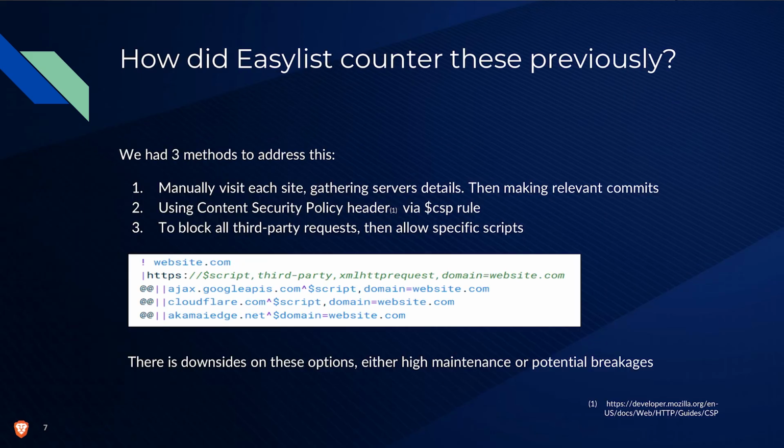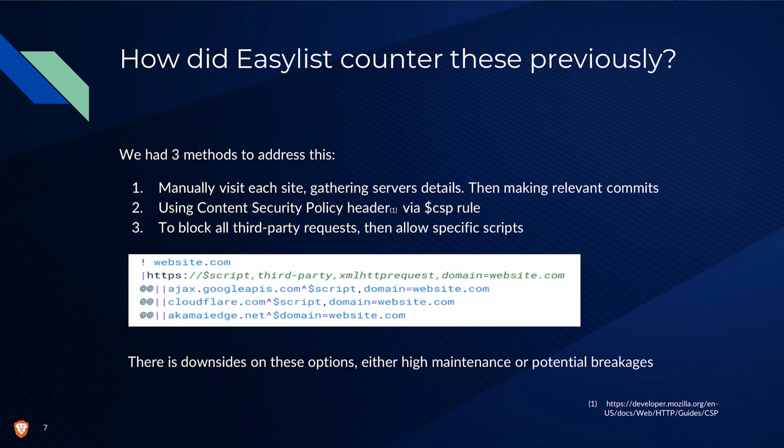So what did we do previously to counter these? We had three methods. The most current method we used was you manually visit the site, add the domain, and then we keep going down this hole of making sure we keep up to date with them. But it's a manual process. Previously, we used CSP, which is good but not good because it can break a lot of embedded stuff, so we sparingly used that in the past.